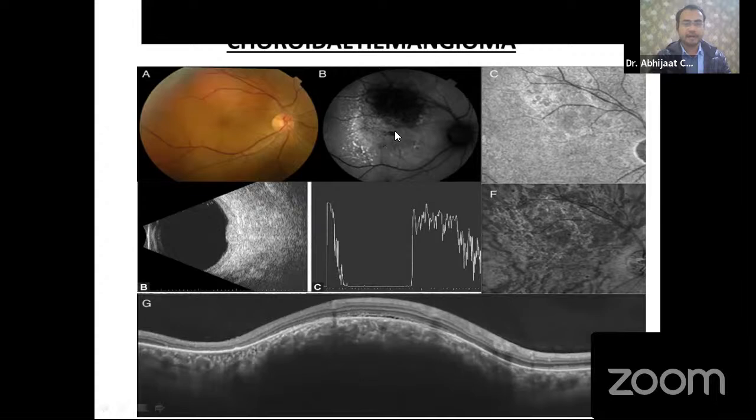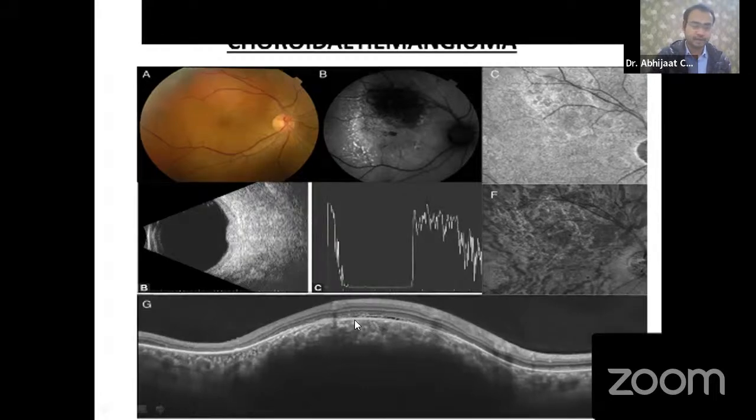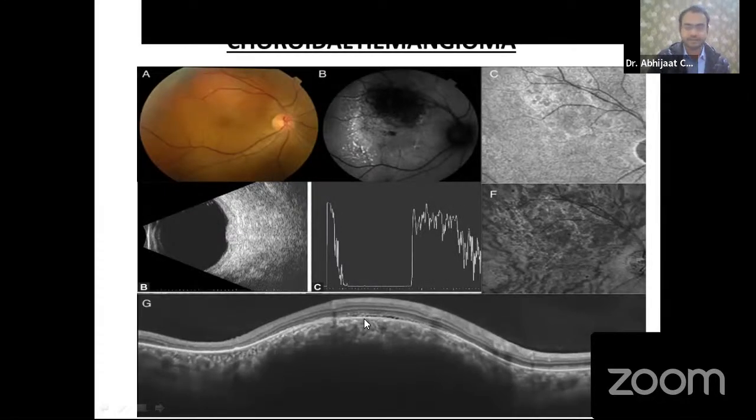ICGA shows a very peculiar sign, with early hyperfluorescence followed by a late washout phenomenon. On OCT, we again see subretinal fluid corresponding to the lesion, some photoreceptor loss, and the anterior tumor surface is hyporeflective.